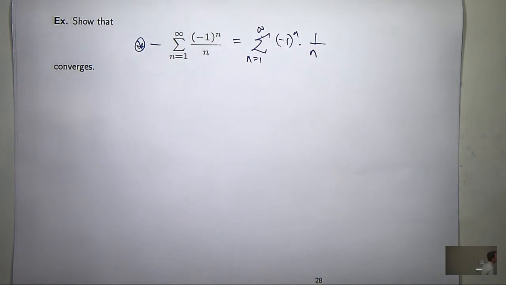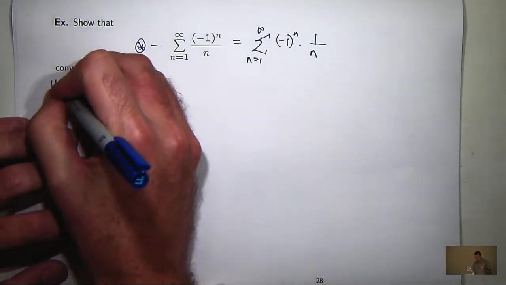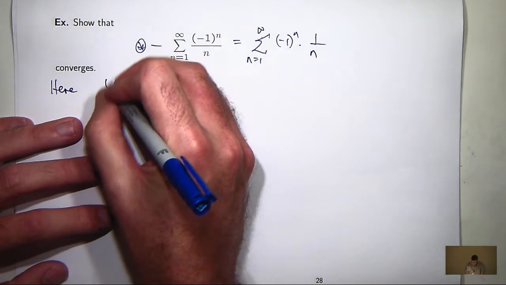So how do you do it? Well, the obvious idea here is to show all the conditions of the AST or Leibniz test actually hold. So let's go through and do this. Let's identify some of our parts. U sub n is just 1 on n here.